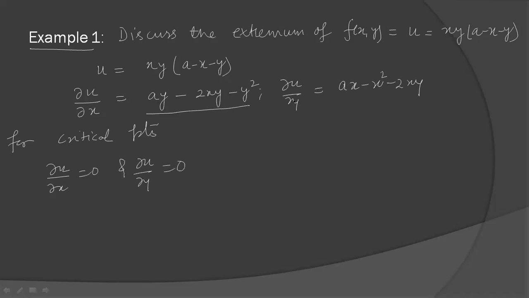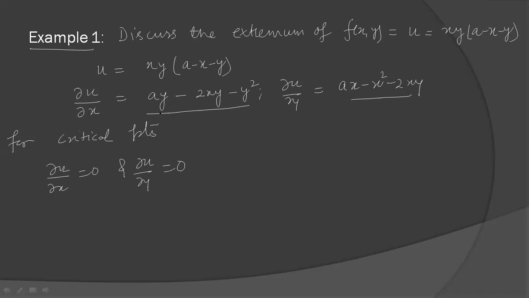We can see that these two equations are symmetric in x and y. What is the meaning of symmetric in x and y? If we replace x in place of y, there will be no change. You will get the other equation. It means x equal to y is a solution of these two equations. One solution is x equal to y.